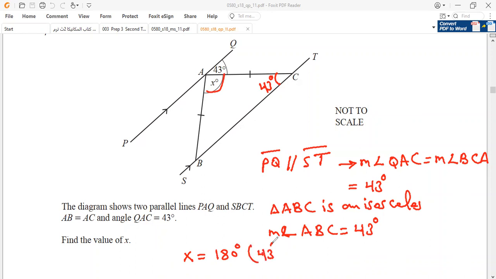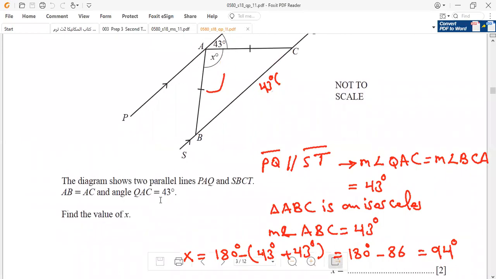We already know 43 plus 43. We subtract the total of the two angles from 180. 180 degrees minus 86 will give us 94 degrees. So the value of x will be 94 degrees. Okay.